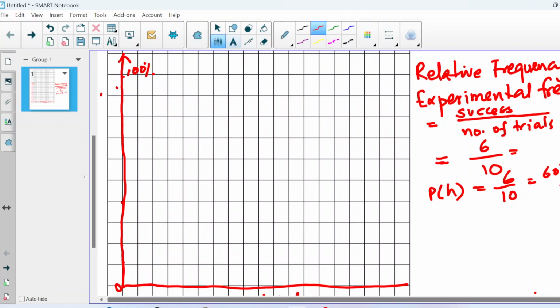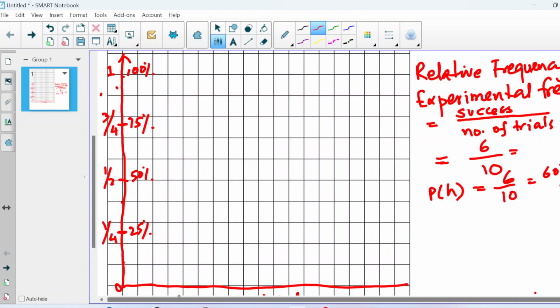Let me divide this whole area into 1 or 100%. Here it will be 50% or 1 by 2, and here 25%, which we can call 1 over 4, and this one will be the 75% region, which we can call 3 over 4.